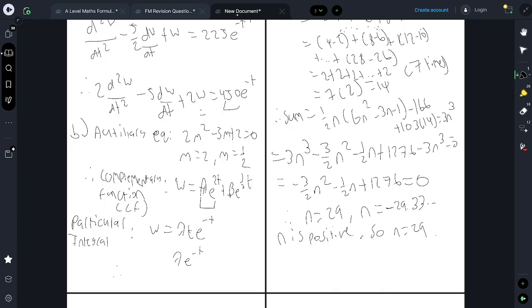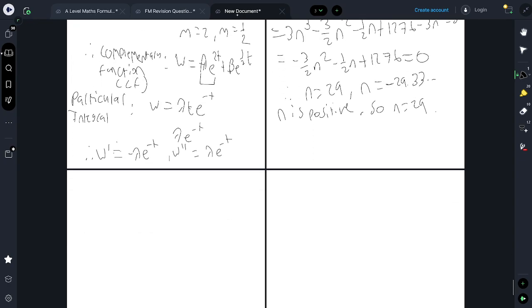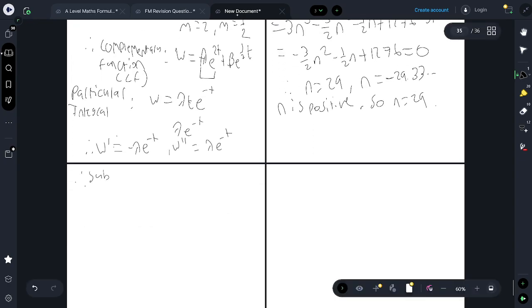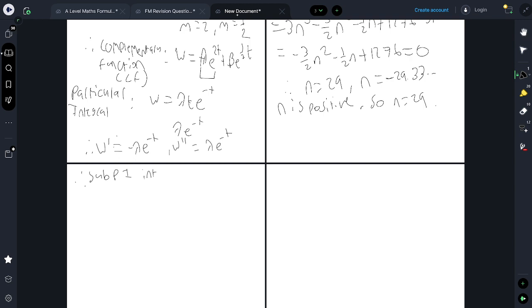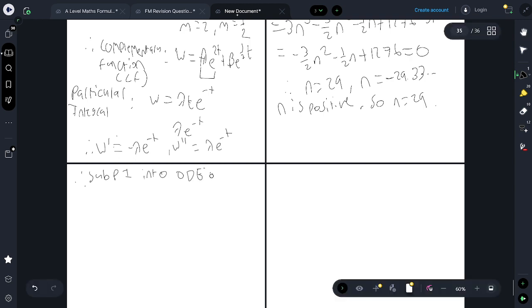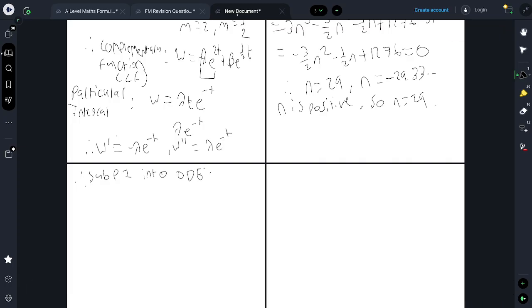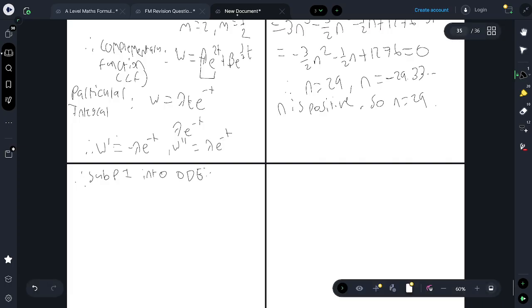Anyway, so that's e to the minus t. Therefore w dash is going to be minus lambda e to the minus t, and w dash dash would be lambda e to the minus t, right? Times minus 1. Therefore, sub PI into the ODE, and this is the method of solving inhomogeneous ODEs, by the way.